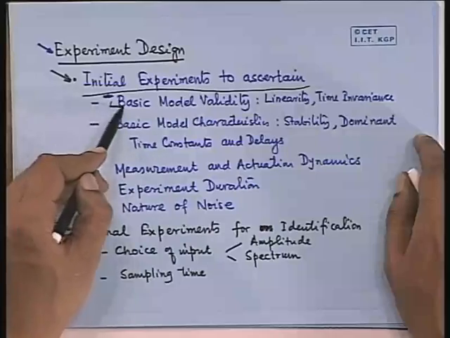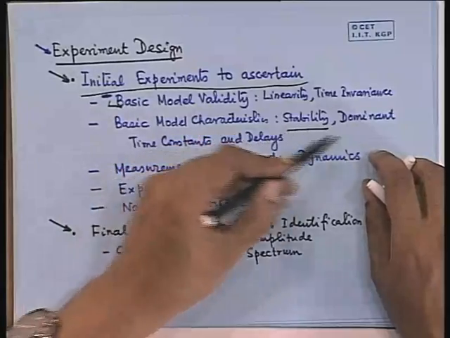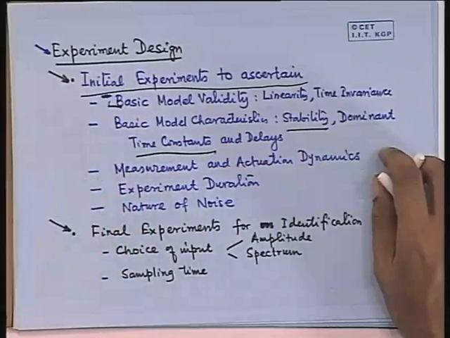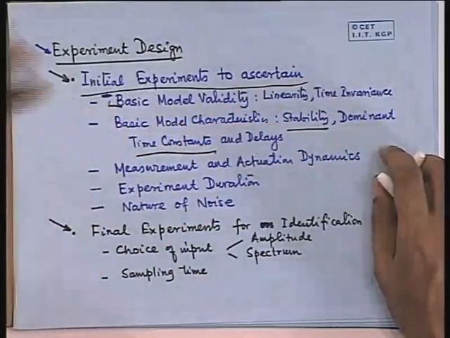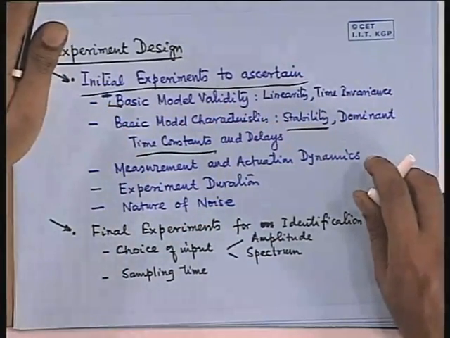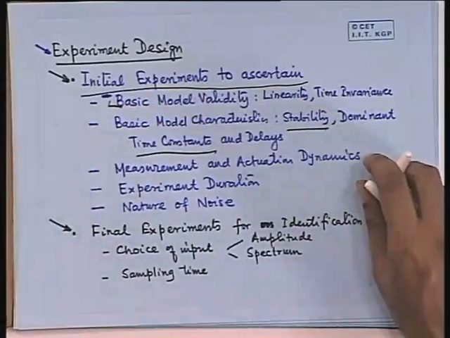So you need to know whether linearity, time invariance, whether these properties are valid on that system. So you need to check that. Then you need to know whether it's stable. What are the rough ideas about the dominant time constants and delays? As we have seen, without these, it will be very difficult to choose a pre-filter. So you can't even implement your algorithm before you have some idea of this. Totally black box approach never works in practice.